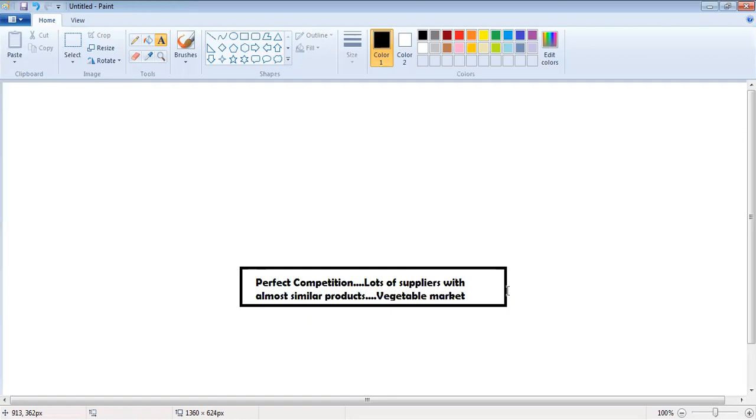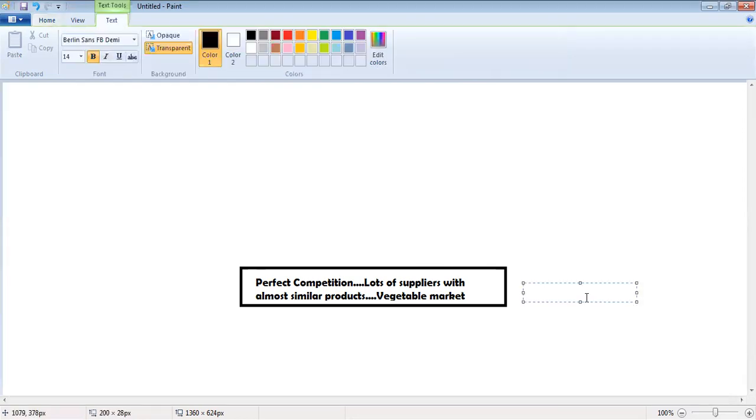You can't really put a good brand, and you cannot charge a higher price than your competitors. You have to follow them. So that's why firms in this type of market are called price takers. I will write that down as well. They are called price takers.